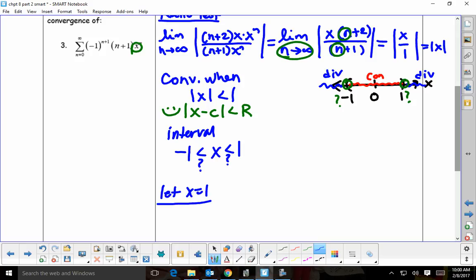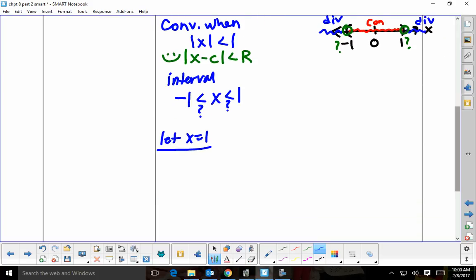We're going to plug in those two endpoints and see what happens. So I plug 1 into that x spot.